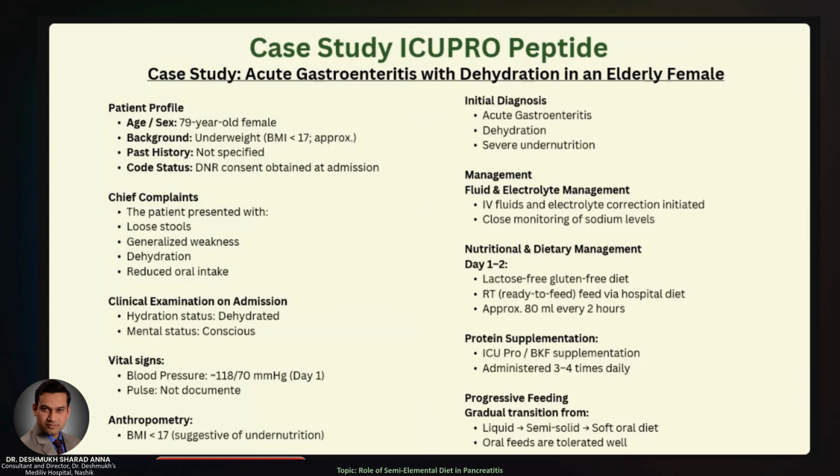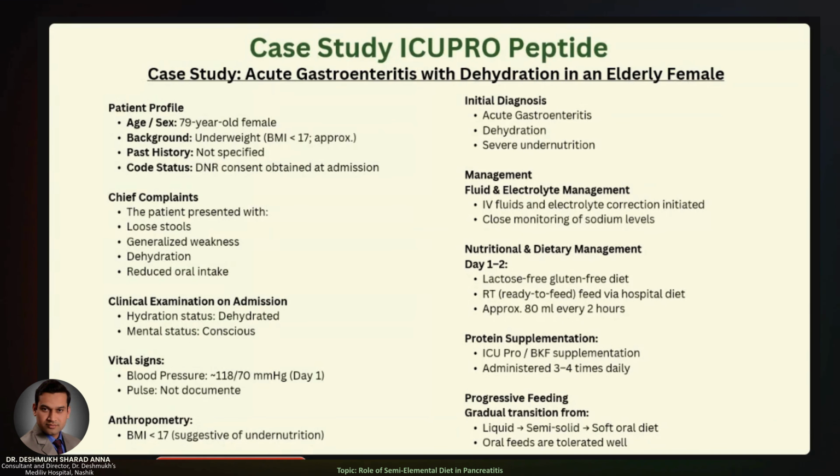The chief complaints were loose stools, generalized weakness, dehydration and reduced oral intake. On examination she was dehydrated, conscious, blood pressure 118/70, pulse not documented. As her BMI was low, the initial diagnosis was acute severe gastroenteritis with dehydration and severe undernutrition.